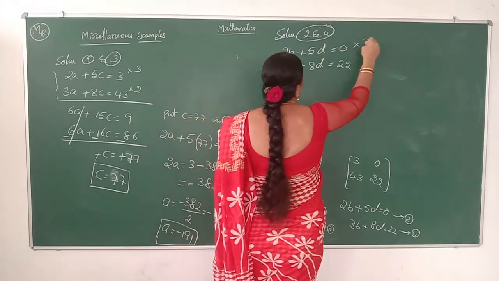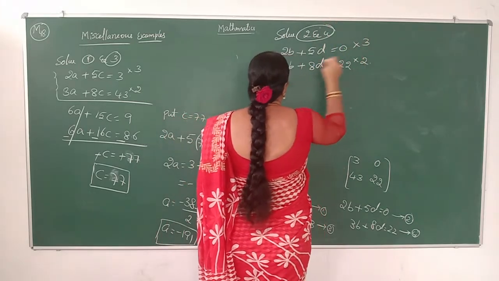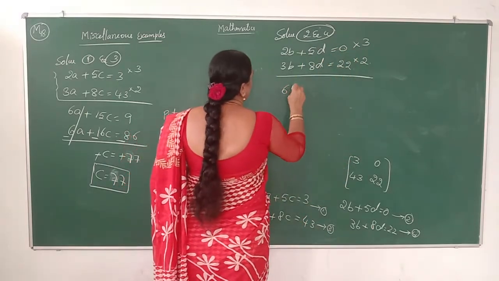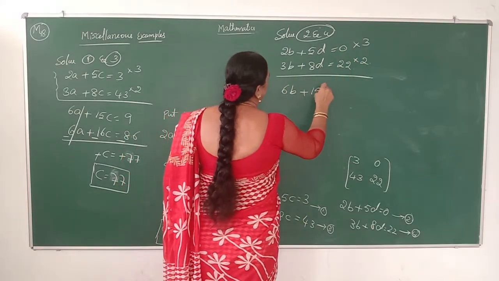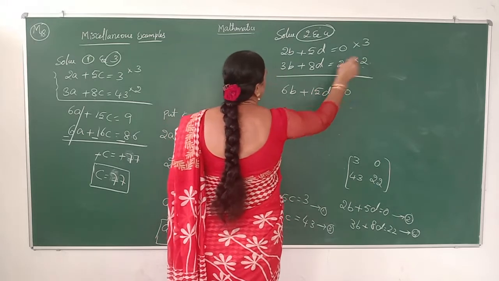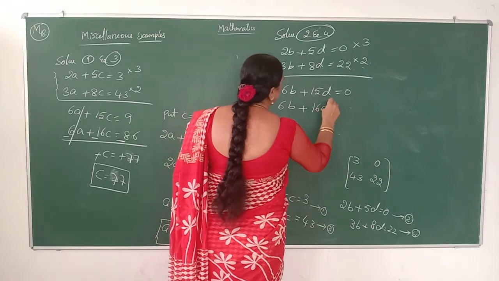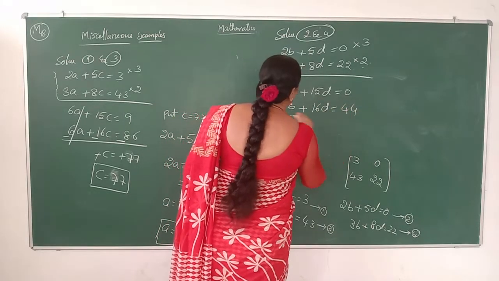The first equation is multiplied by 3 and the second equation is multiplied by 2. So 3 into 2 is 6B plus 15D is equal to 0, and 6B plus 16D is equal to 44.